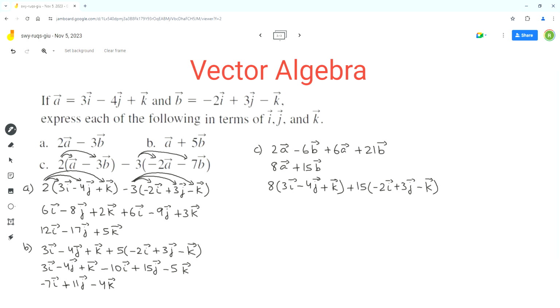So we'll multiply each component in the first parentheses by 8 and each component in the second parentheses by 15.